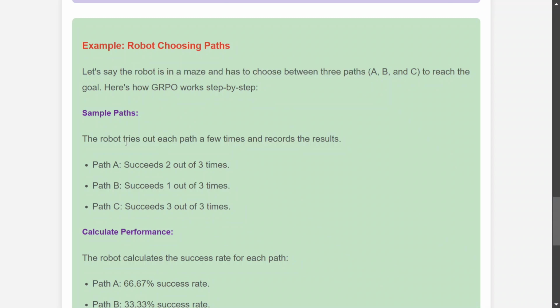Using the current policy algorithm. Policy is basically a machine learning model that helps you to choose the next action. What action should I take in the reinforcement learning arena? The bot, using the current algorithm, chooses path A thrice, chooses path B thrice, and chooses path C thrice, and got these successful results 2, 1, and 3.